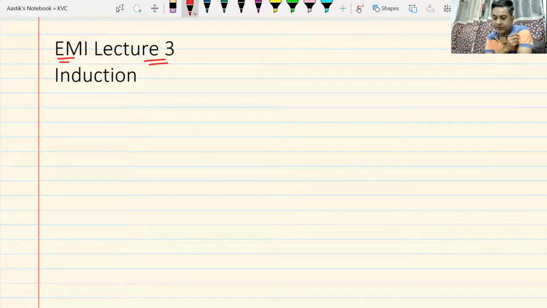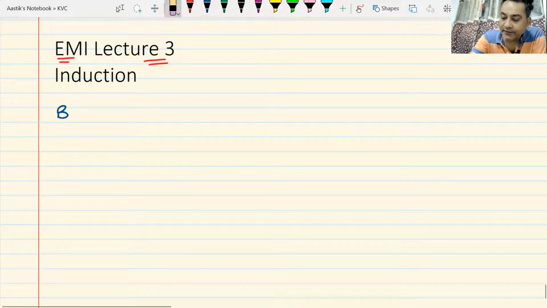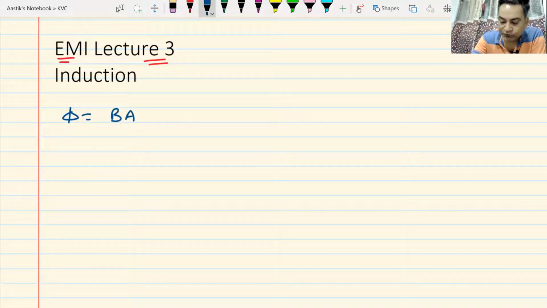And in the previous lecture, we have seen different cases of how we can induce current by changing magnetic flux. We had seen that magnetic flux phi is B A cos theta.